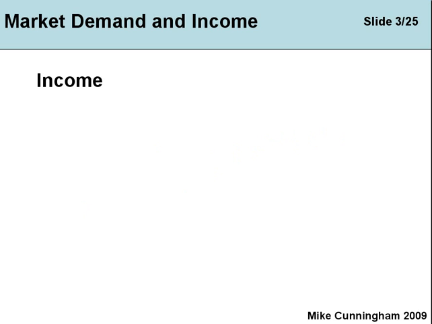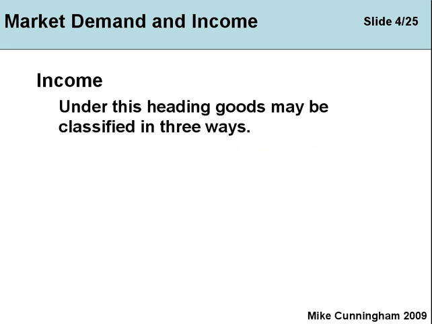So we're going to look at the market demand and income, and under this heading, goods may be classified in three ways. There are three types of relationship when we think of income and demand. The first one is a normal good. It doesn't mean it's normal in any physical sense. It just means the demand has a particular relationship with income.